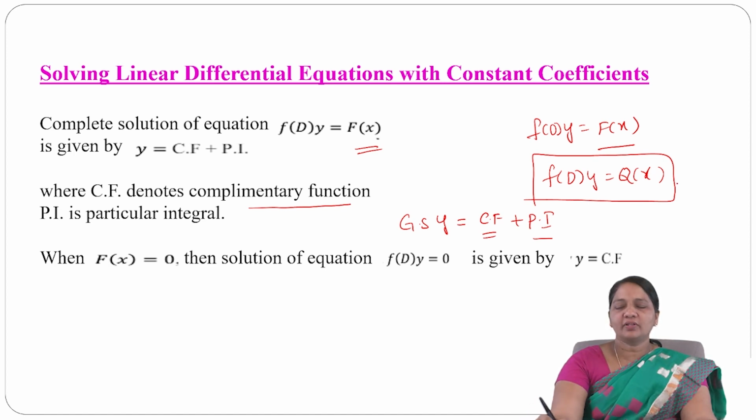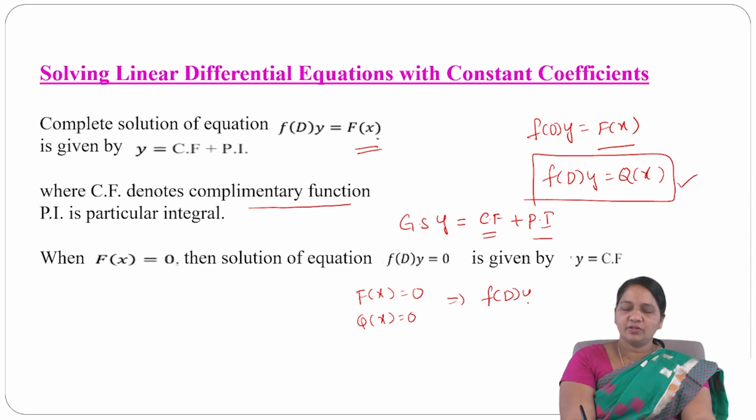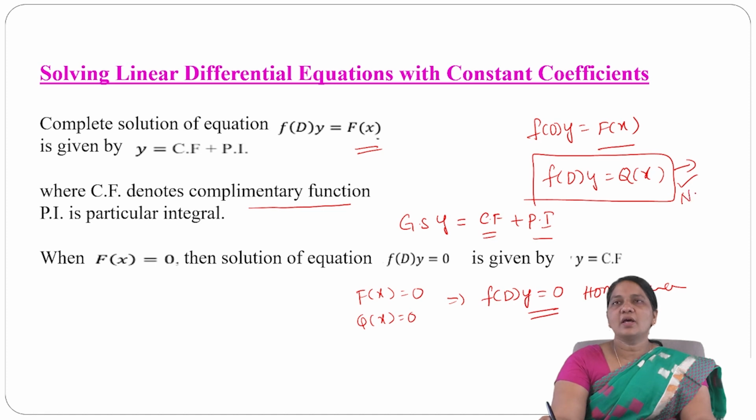If it is having the form f of D into y equal to Q of x, for example, if you are having f of x equal to 0 or Q of x equal to 0, then what is the equation form we are having? f of D into y equal to 0. So this is the homogeneous equation. Otherwise, this is the non-homogeneous equation.